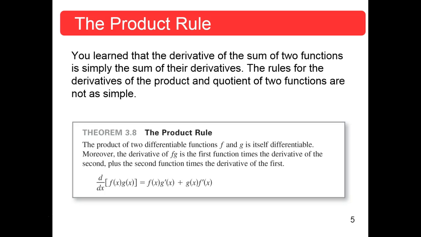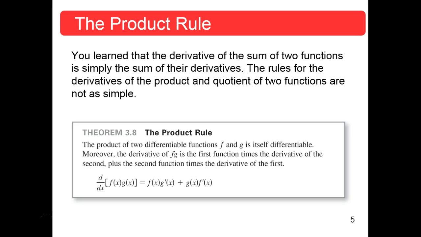It says here, you learn that the derivative of a sum of two functions is simply the sum of their derivatives. Same thing for the difference of two functions. It's the difference of their derivatives. The rules for derivatives of a product and quotient of two functions are not as simple, like what Leibniz was wishing for. You probably were too.